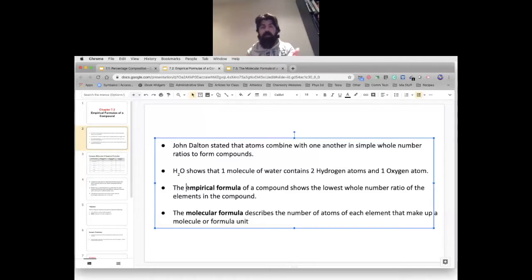Prime example here, H2O. H2O cannot be further simplified because there's 1 oxygen, can't go any smaller than 1. And remember this expression that I just mentioned, that lowest being a 1, because it's going to come into play later on in this section.